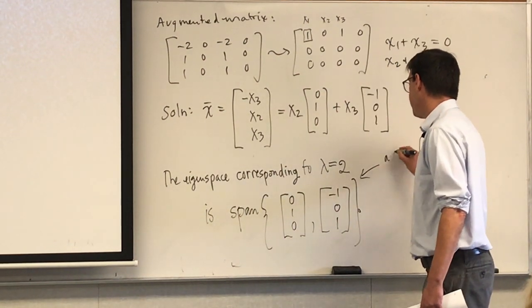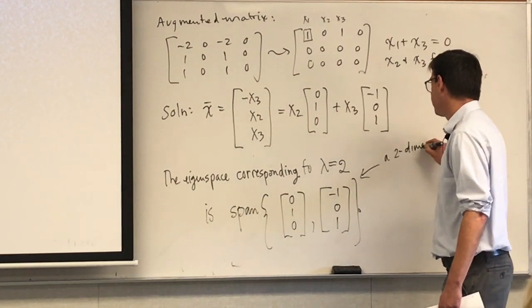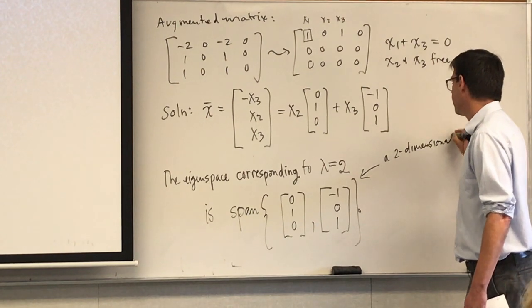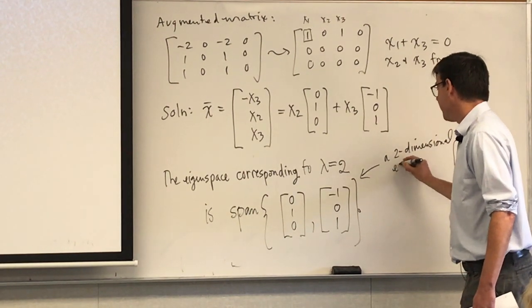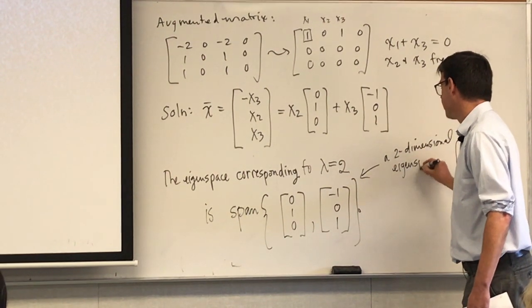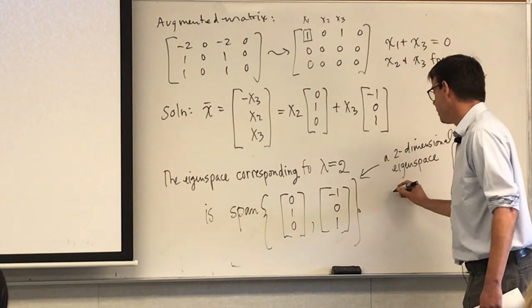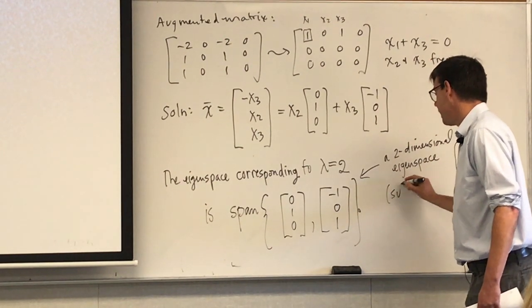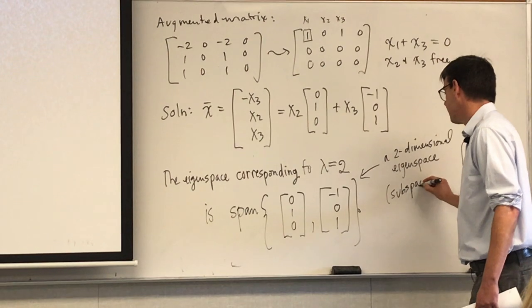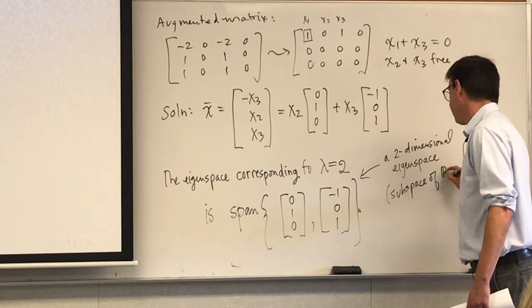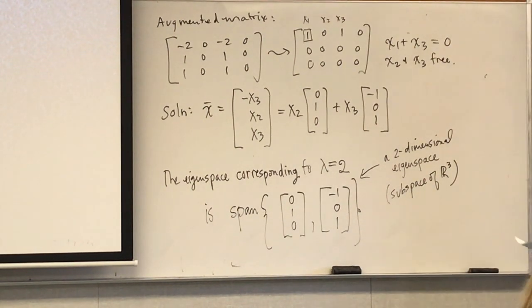So this is a two-dimensional eigenspace, which is a subspace, in this case, of R3. So the individual vectors have 3 components, but the span of those two is like a plane sitting in R3.